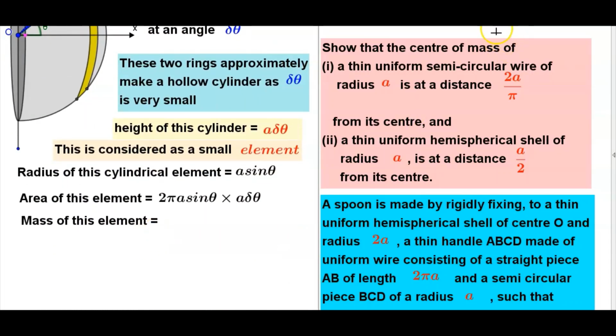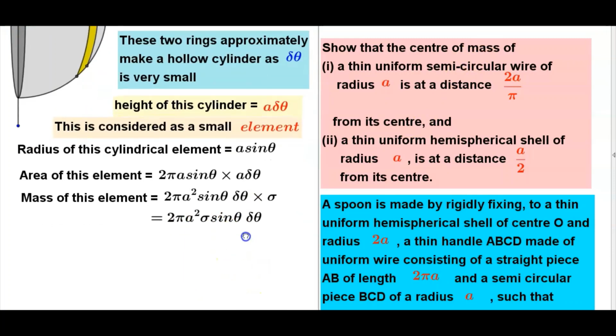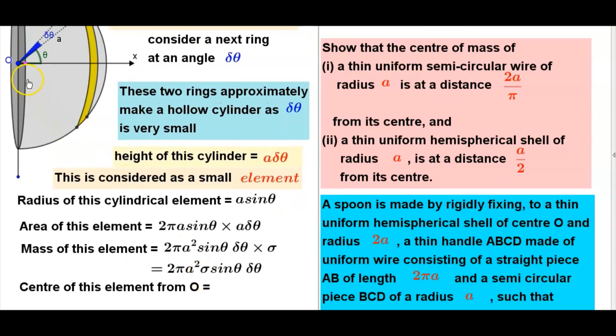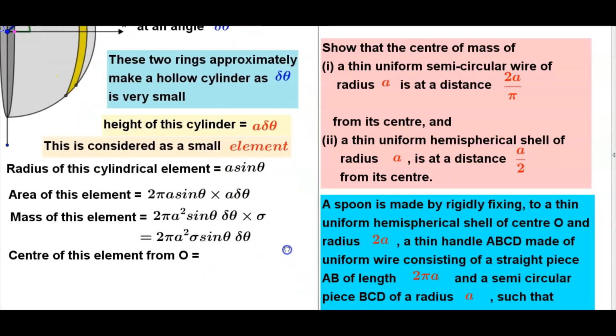So the mass is 2 pi A squared sigma sin theta delta theta. The center of mass of this element from O is A cos theta.